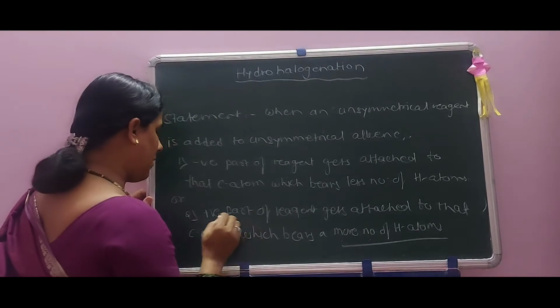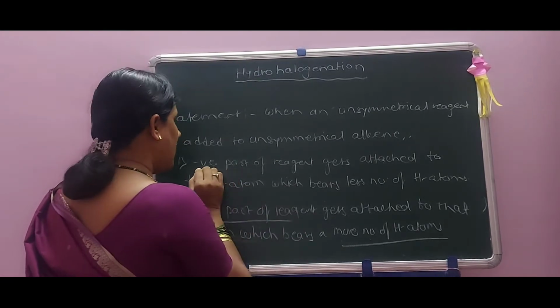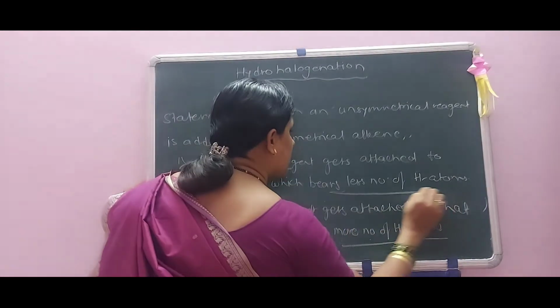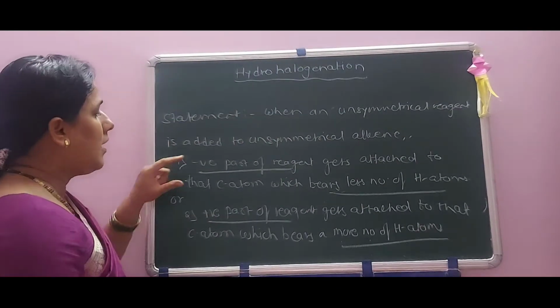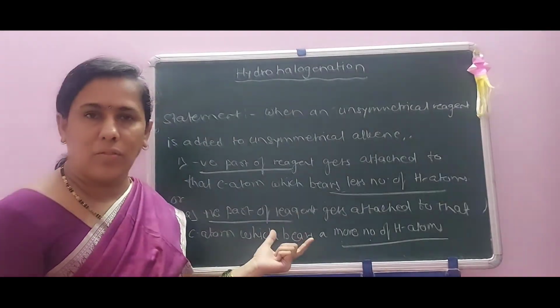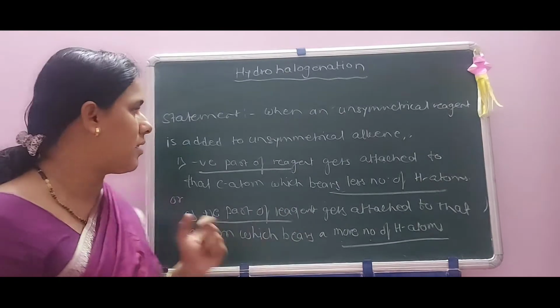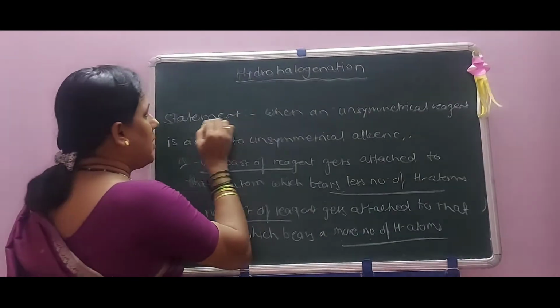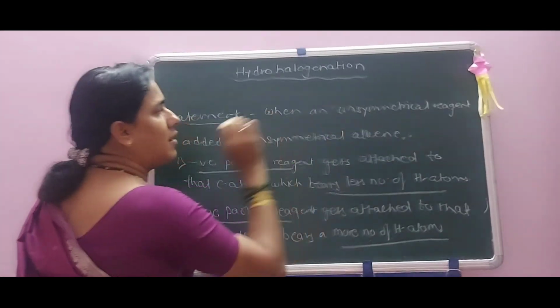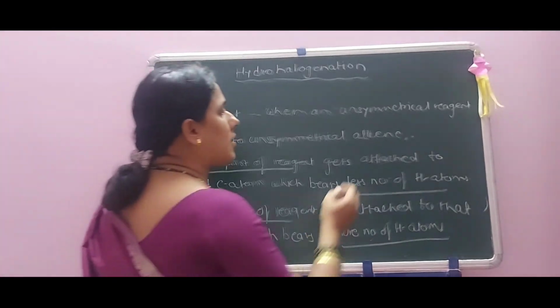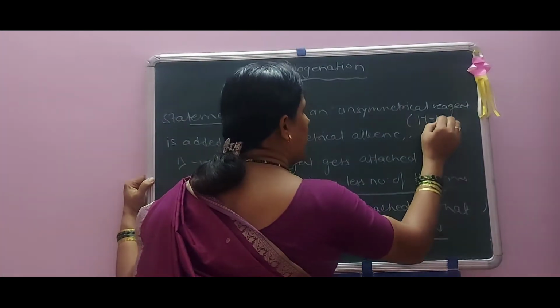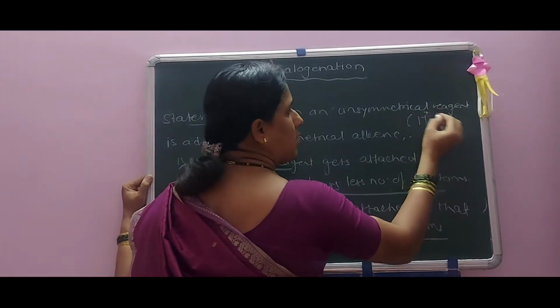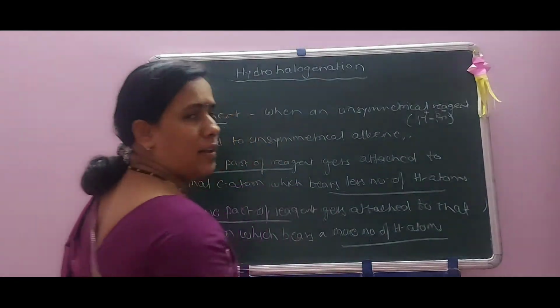Here positive part, here negative part, and here less number of hydrogen atoms. Any one of the statements you can take into consideration. What is the unsymmetrical reagent? That is HBr. Here the positive part is H plus and Br is negative.